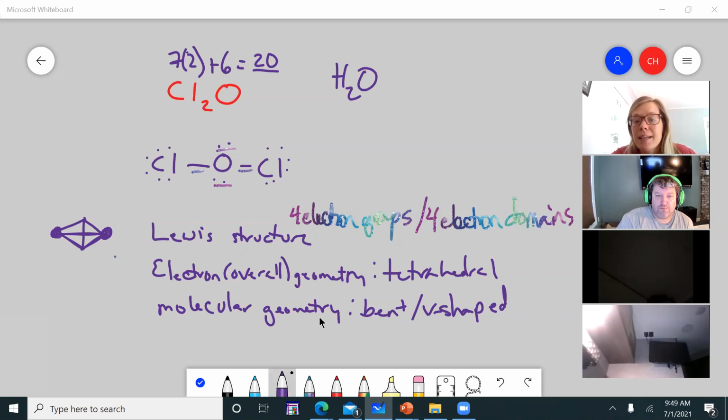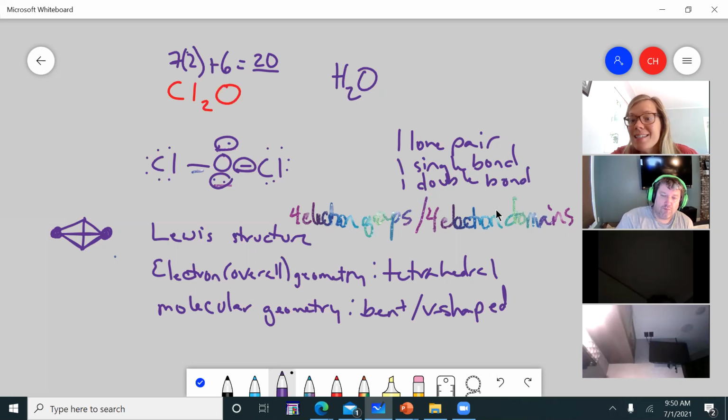As far as what we classify as an electron group or an electron domain, 1 lone pair, okay, not two, so I wouldn't count both of these as one. One here and one here. One single bond. Okay, so this is classified as one electron group. One double bond.